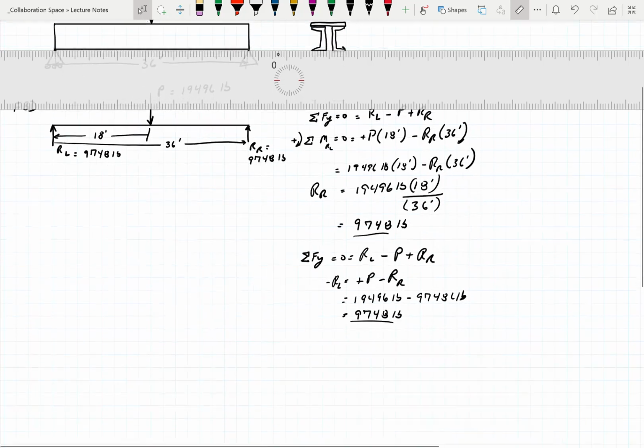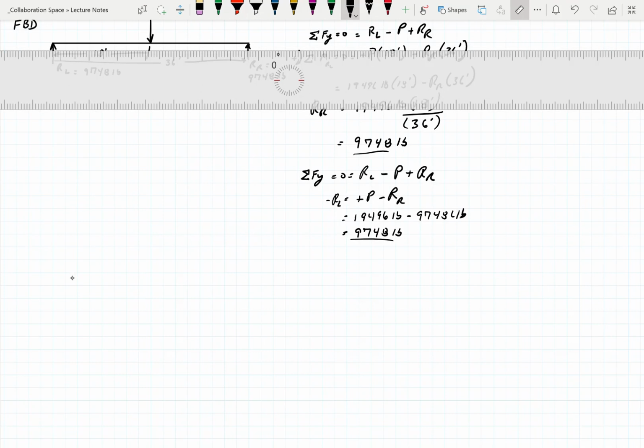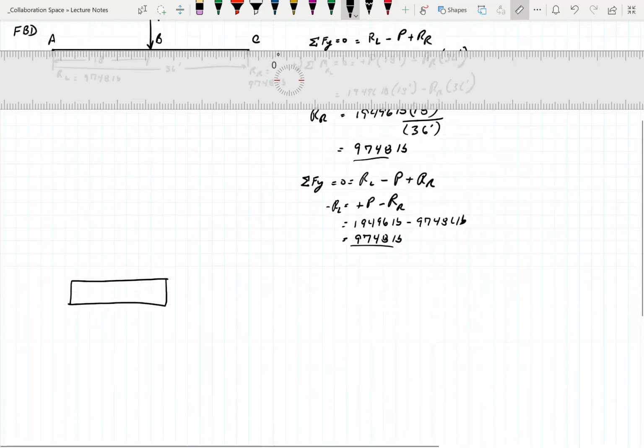Now, let me do this for a minute. And then we're going to come back and do some drawings of this thing. Oh, I guess I need this. I'm going to put an A there, a B there, and a C there, so we got some points of reference here.